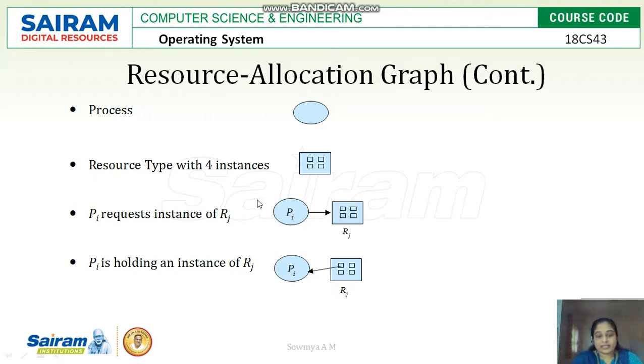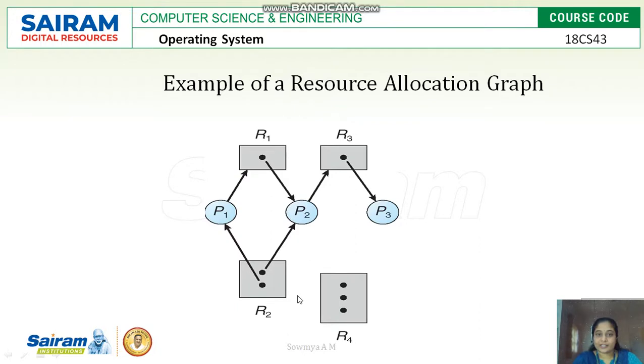The instances are written inside the bigger resource as smaller squares, which represent one main resource as multiple instances. If I draw a directed edge from the process to the resource, it is a request edge. If the direction is from resource to process, then it is an assignment edge.